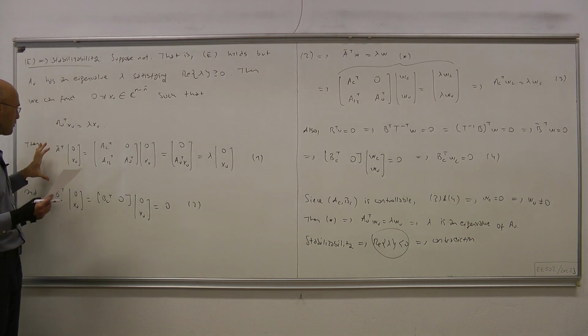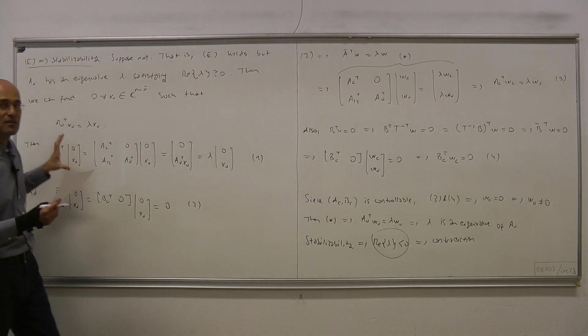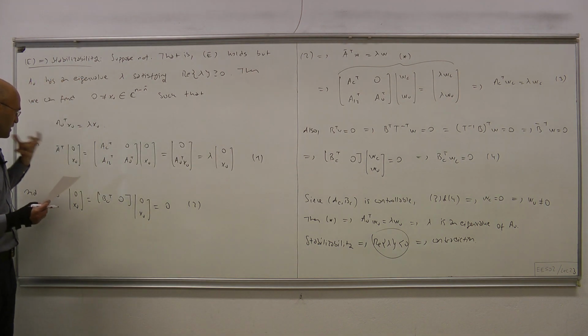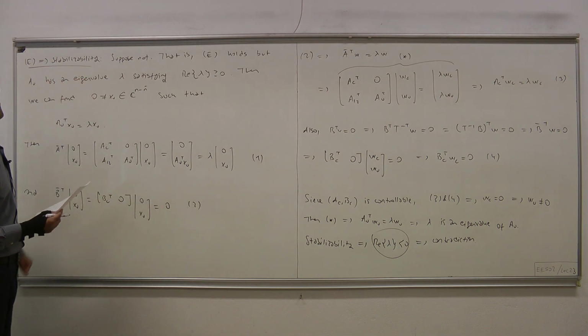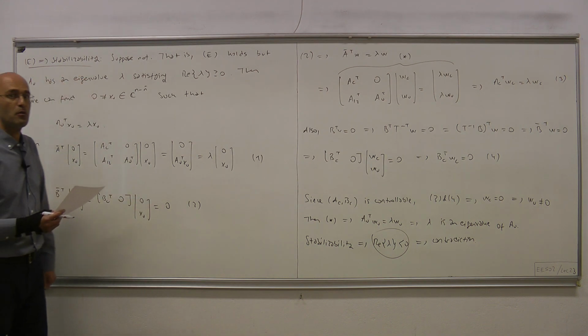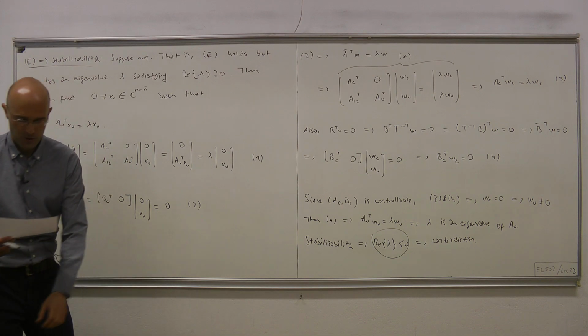Now if we can transfer this information to a similar kind of information for the pair AB, then we will have shown what we desire to show. Let's do that.